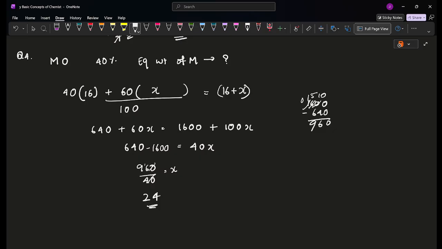They've taken it as 40 gram and 100 gram, and the method they've used here is W1E1 is equal to W2E2.